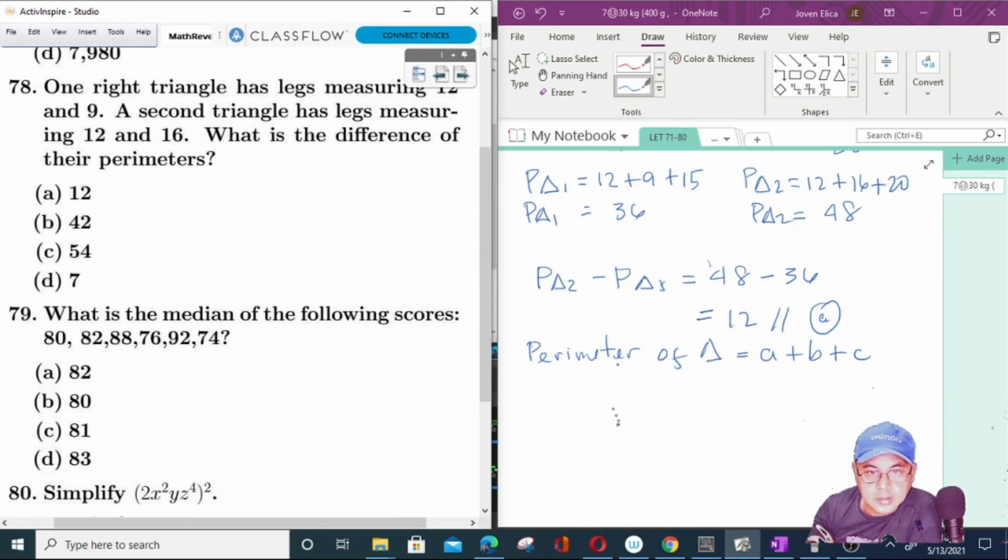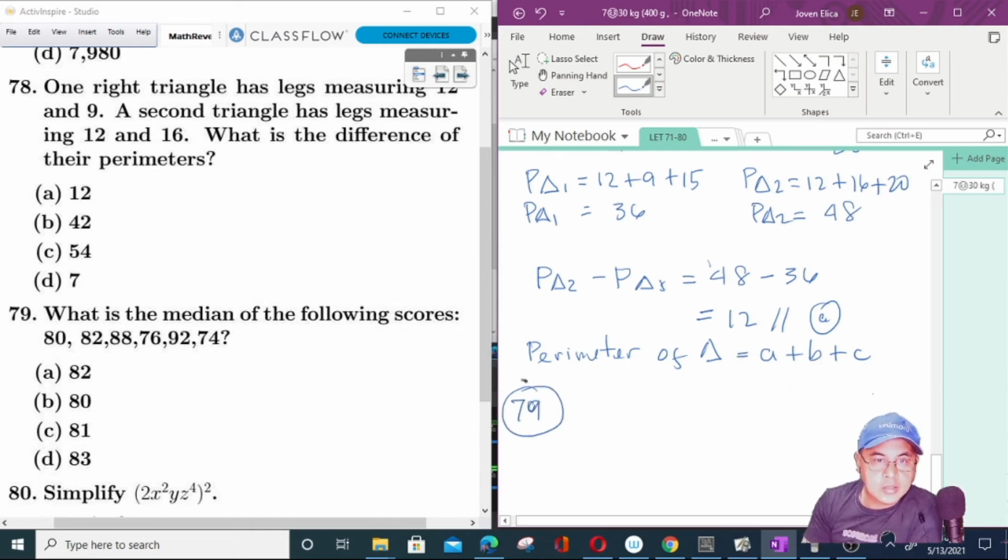Number 79. What is the median of the following scores? So this is an example of a problem in statistics. So median.